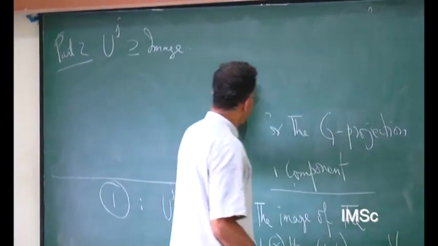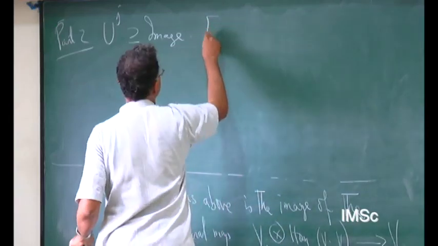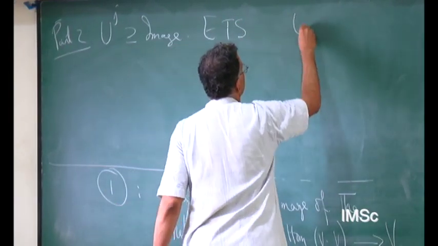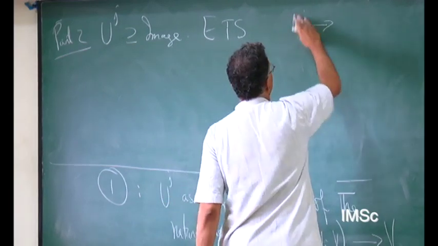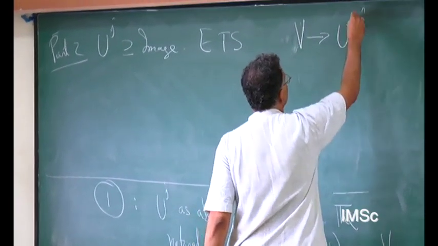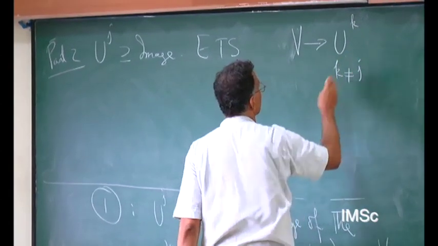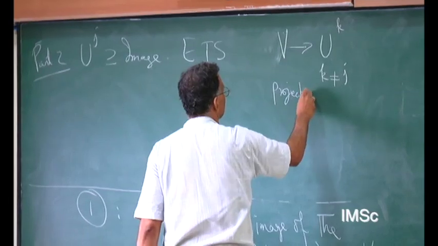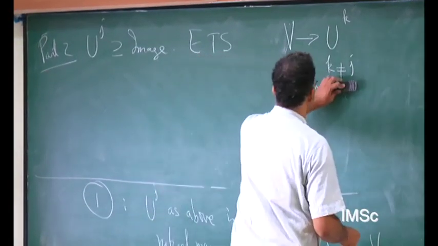Okay. Now for this, you claim it is enough to show: you take V to U upper K, K not equal to J, the projection with respect to the decomposition.